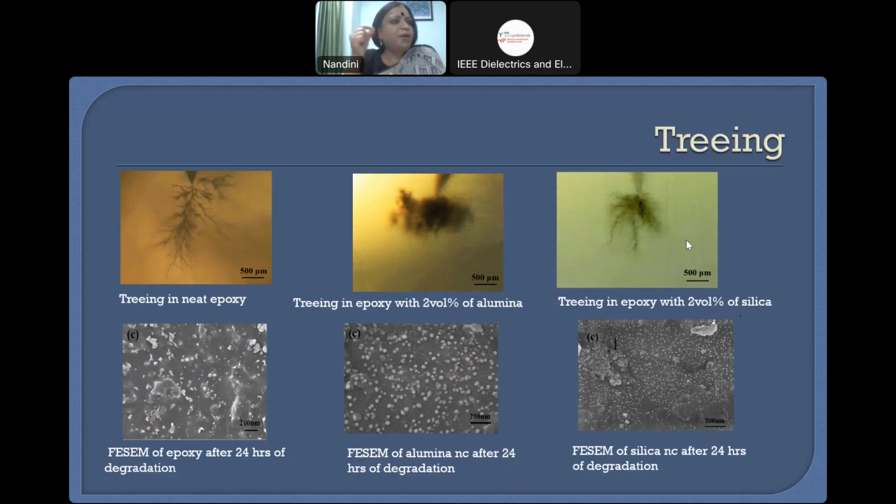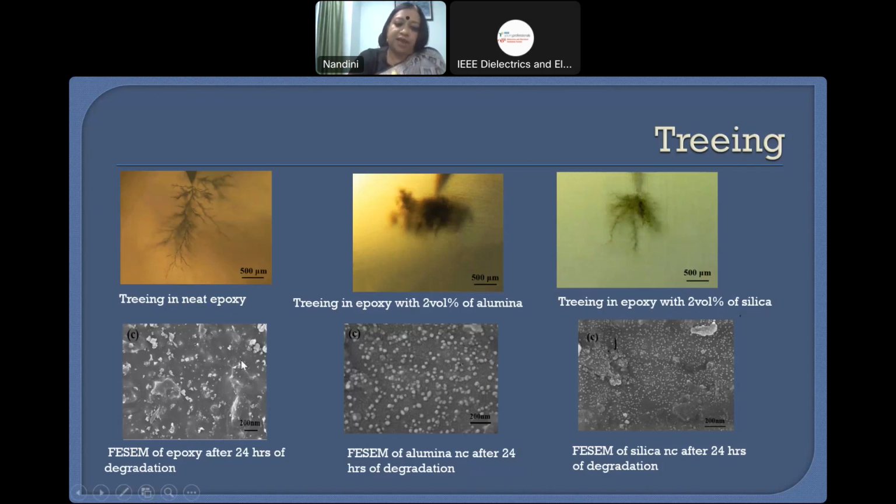Not only that, the tree channels are much finer. One thing is they tend not to progress in the axial direction, but the other thing that we see is they're much finer. In fact, they're very difficult to photograph. And of course, it is not possible to go into the tree channels and see what is happening.